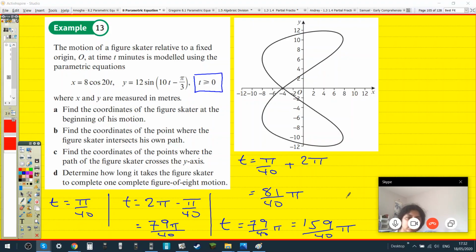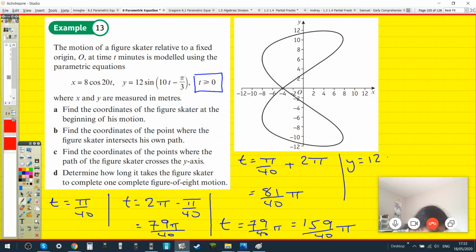Okay, and now you just put them into the y one to find the coordinates. So with pi over 40, it's minus 3.11.